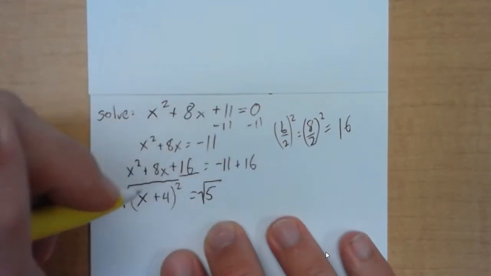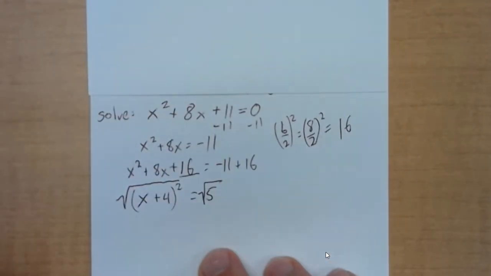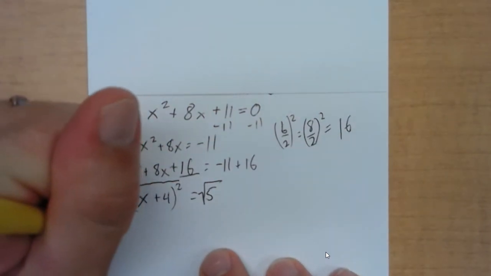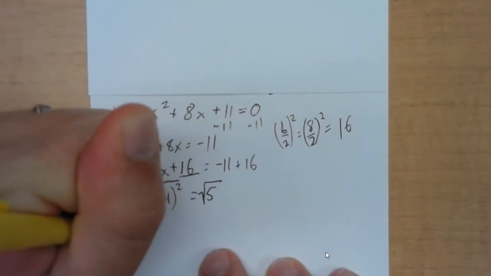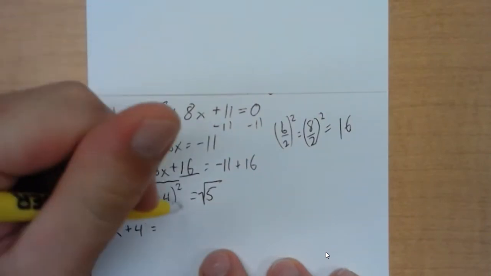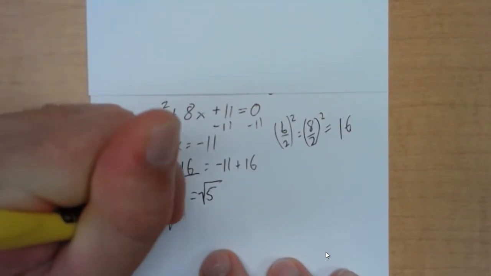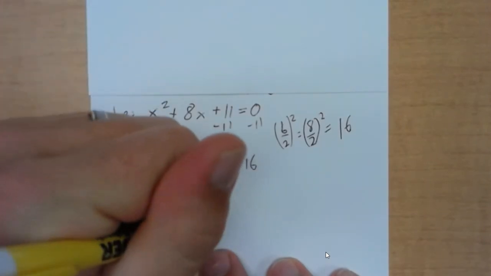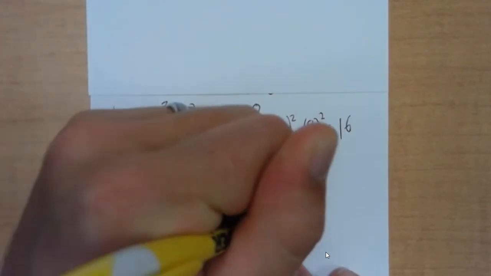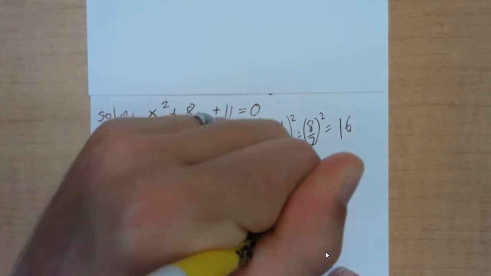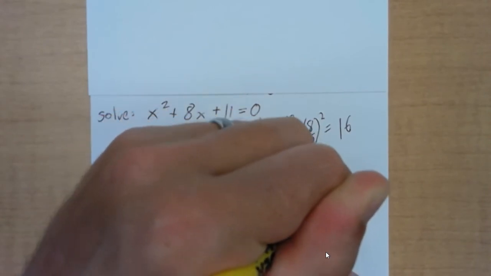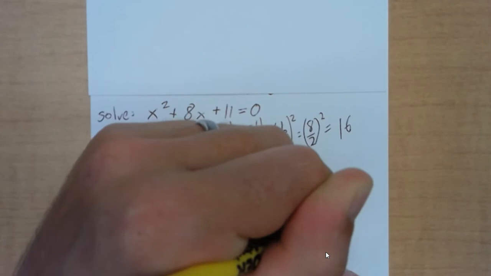Taking the square root creates those two scenarios, the positive and the minus. So now that the squared and the square root have been canceled out, x plus 4 equals the square root of 5, and x plus 4 equals the square root of negative 5, or negative times the square root of 5.